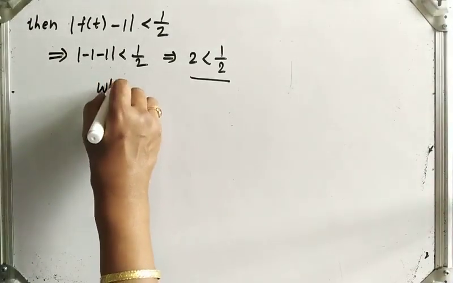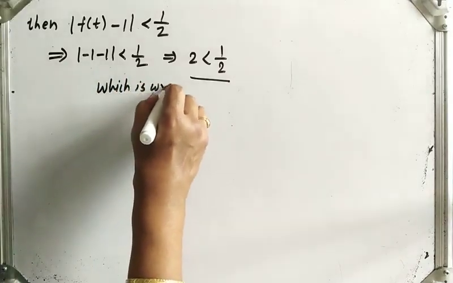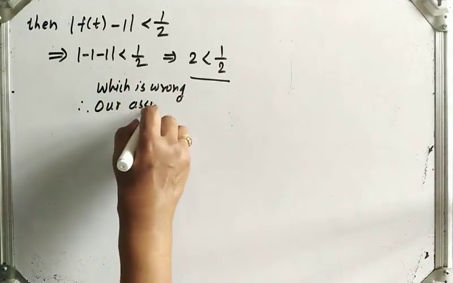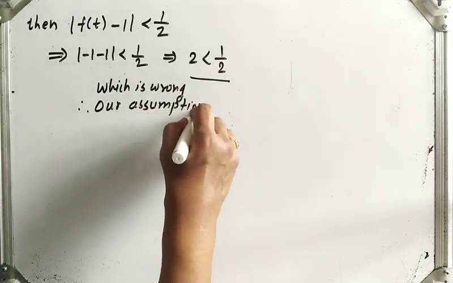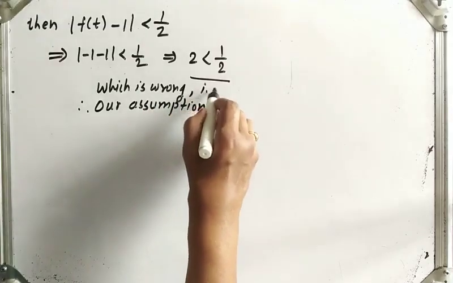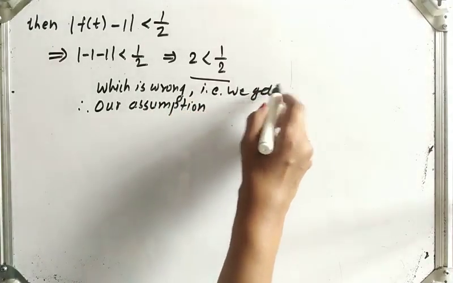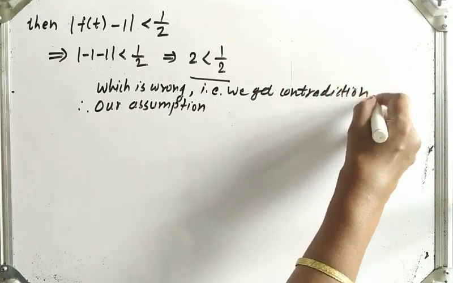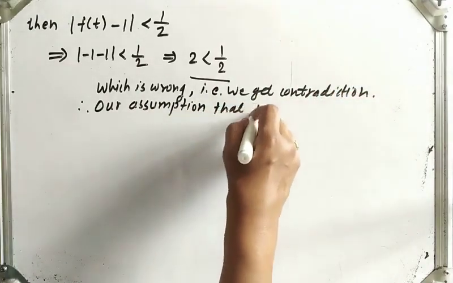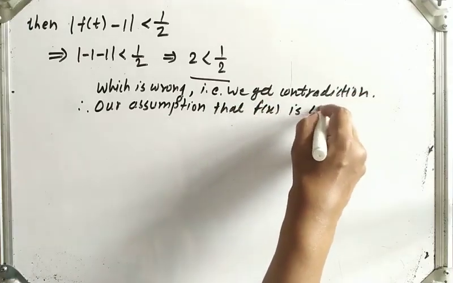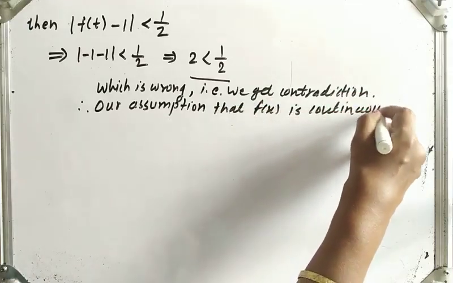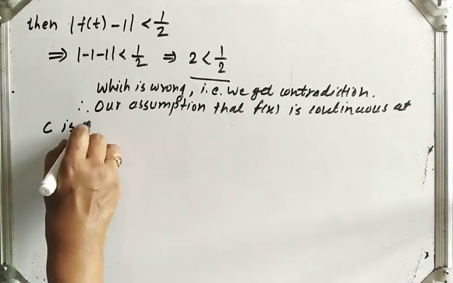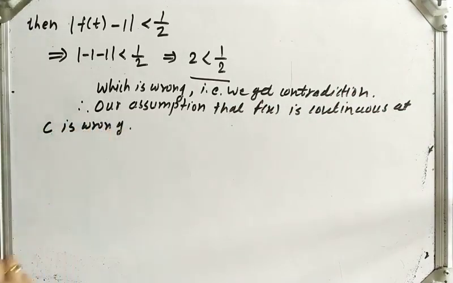Therefore, our assumption that f of x is continuous at c is wrong.